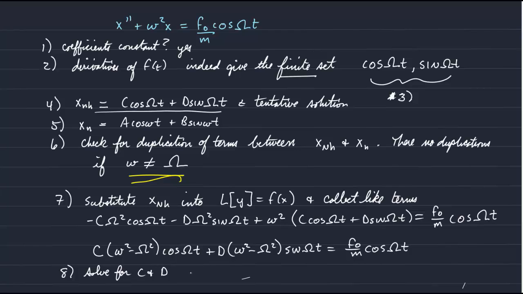So comparing those terms, we see that C times little omega squared minus capital omega squared is equal to F naught over m, and therefore C is equal to F naught over m all over the difference of the two frequencies squared. So that's our first coefficient. And our second coefficient, since there's no sine function, we know that D is equal to 0.